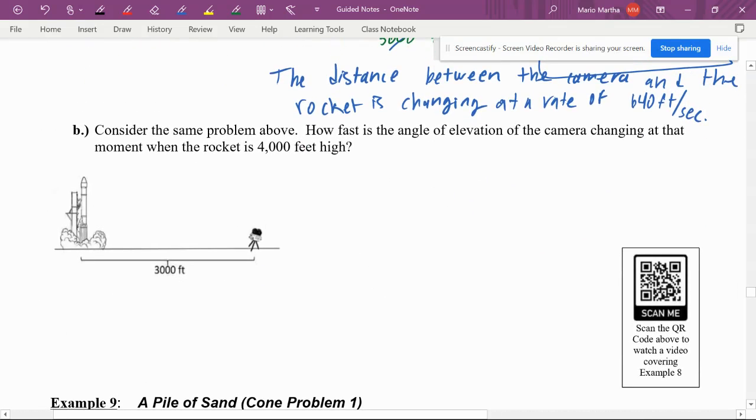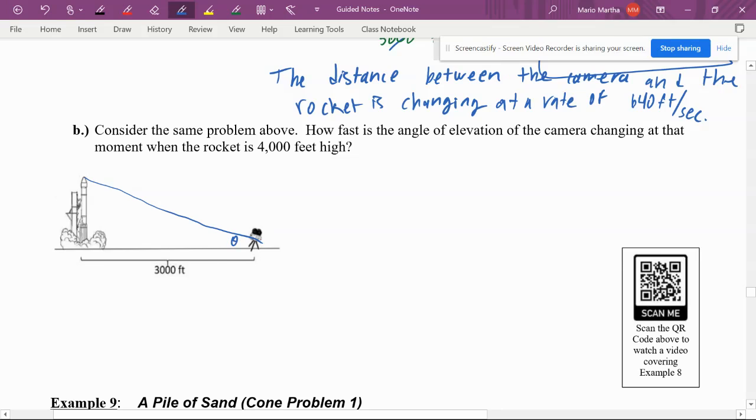And then part B says, consider the same problem above. How fast is the angle of elevation of the camera changing at the moment when the rocket is 4,000 feet high? So for this part, we're trying to figure out the angle, how fast it's changing, which is this right here.